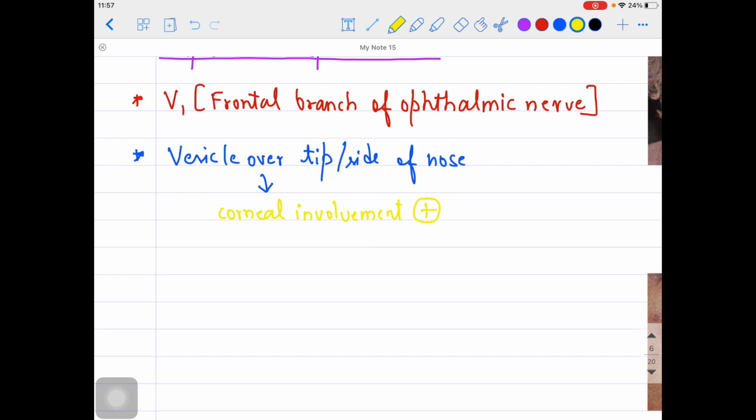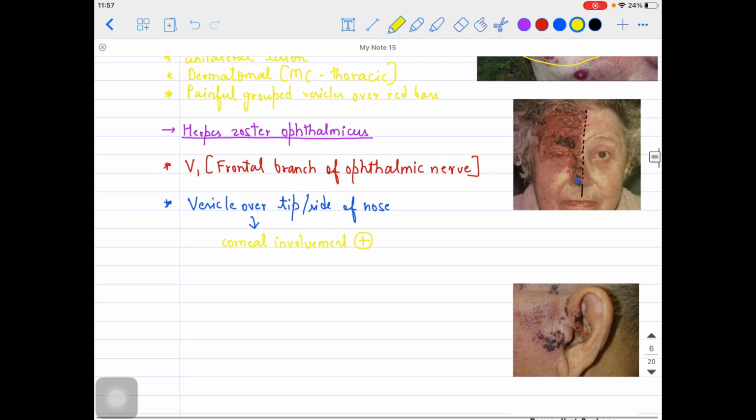So once we have understood this, we know what is happening in herpes zoster ophthalmicus.